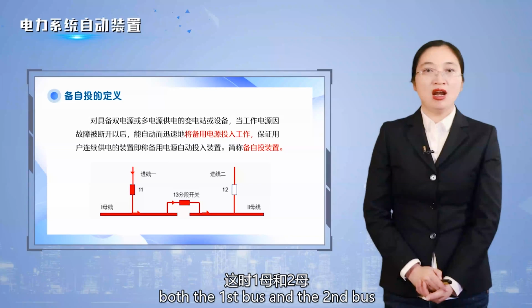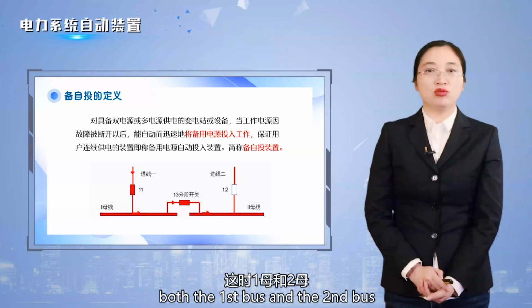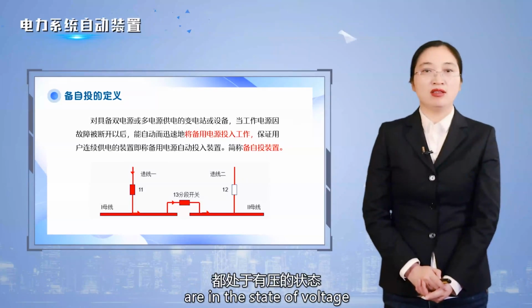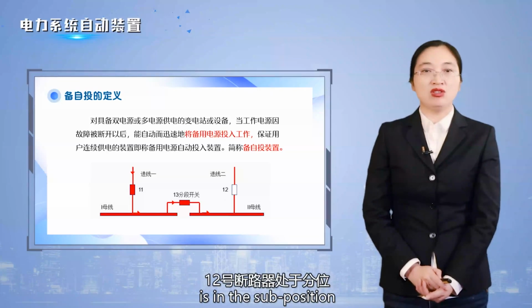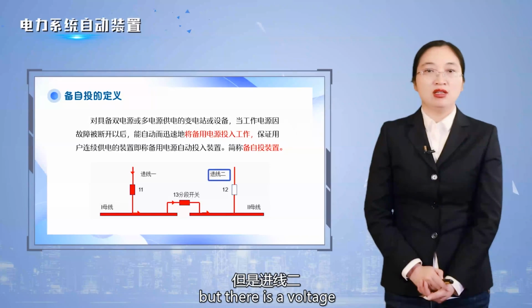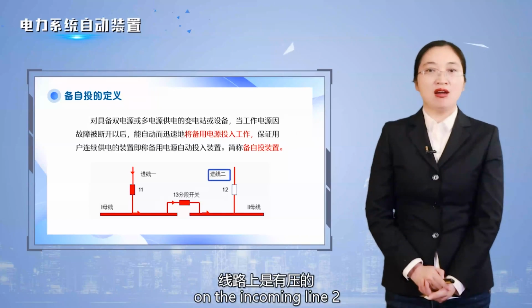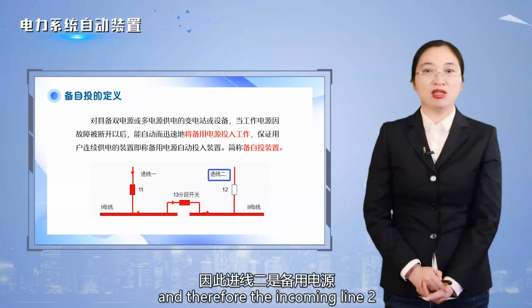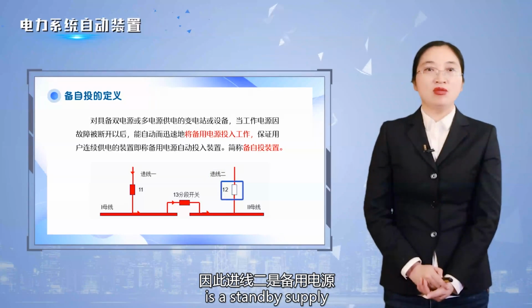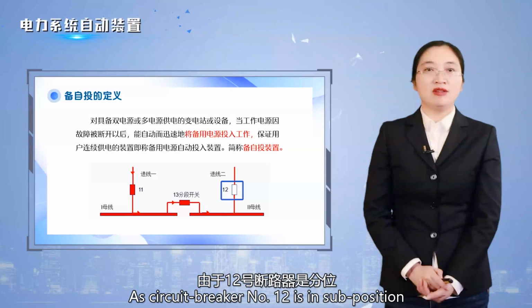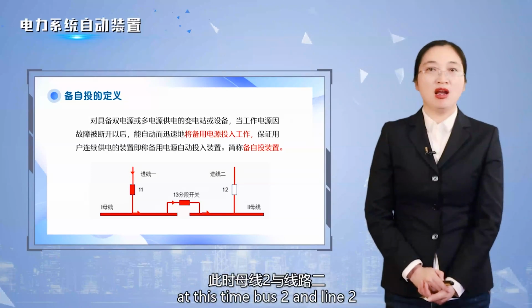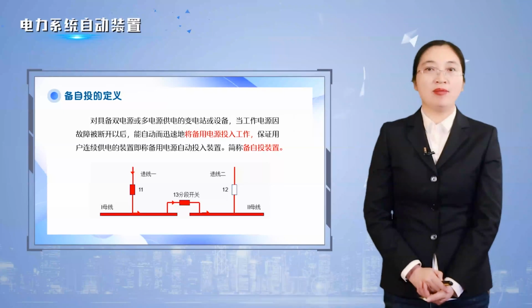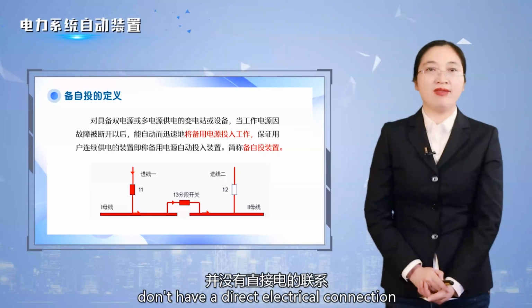At this time, both the first bus and the second bus are in the state of voltage, and circuit breaker number 12 is in the open position. But there is a voltage on the incoming line 2, and therefore the incoming line 2 is a standby supply, as circuit breaker number 12 is in the open position. At this time, bus 2 and line 2 don't have a direct electrical connection.